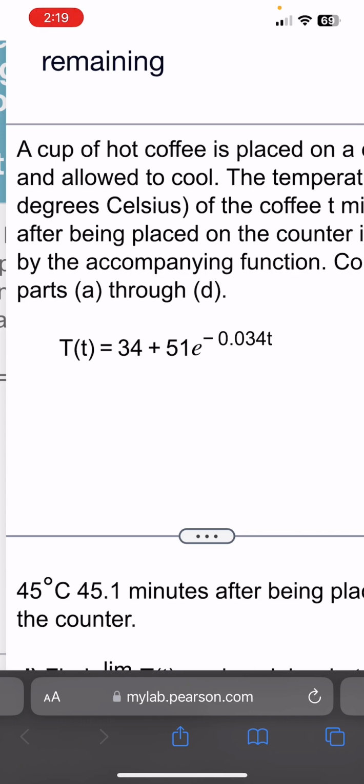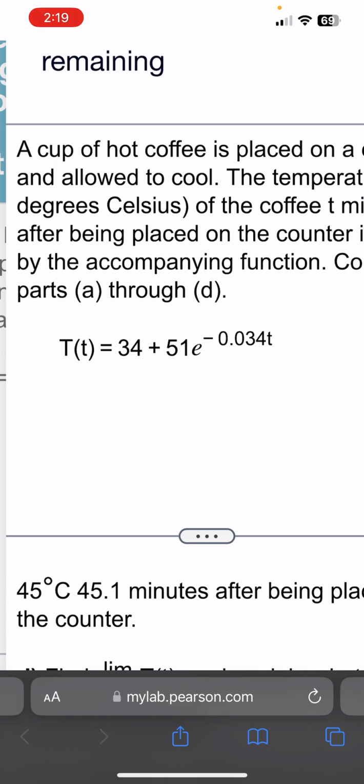So we have 51 over infinity, a fixed number over a denominator that's getting bigger and bigger. As that denominator gets bigger and bigger, that whole term goes to zero. So the only thing that's left is the 34.